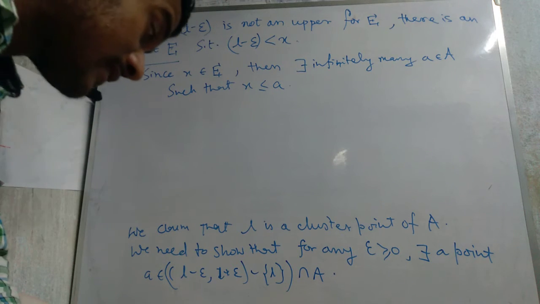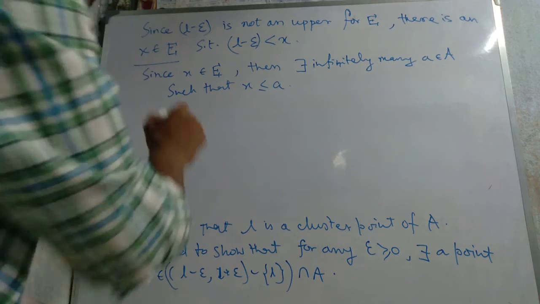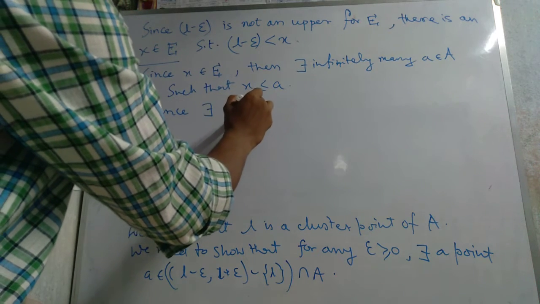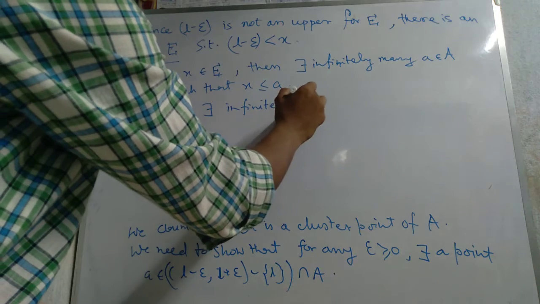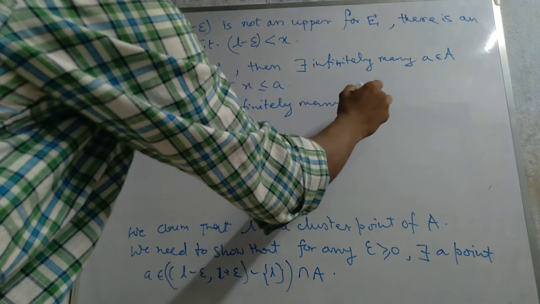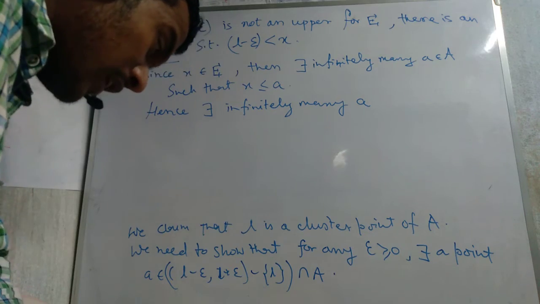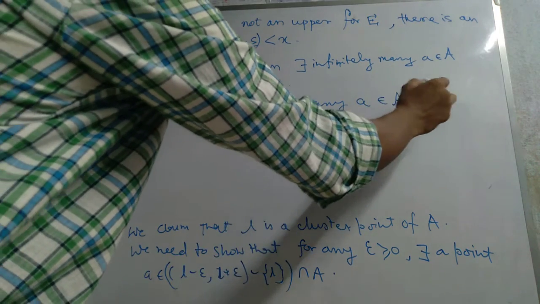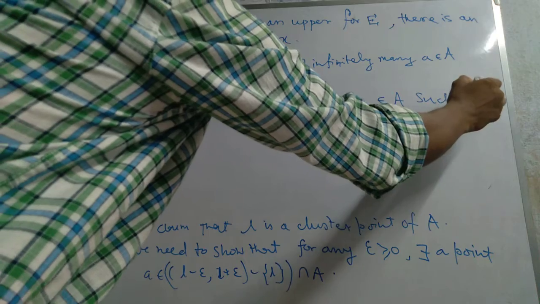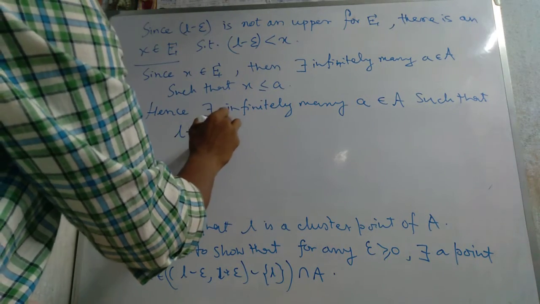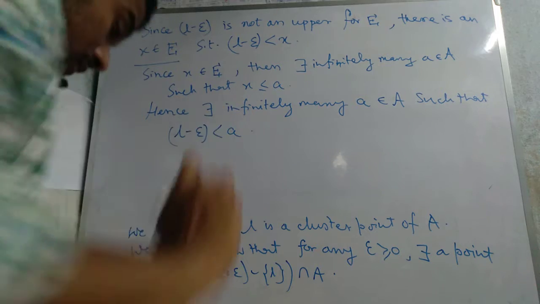Hence, there exist infinitely many a belonging to A such that L − epsilon < a. Okay.